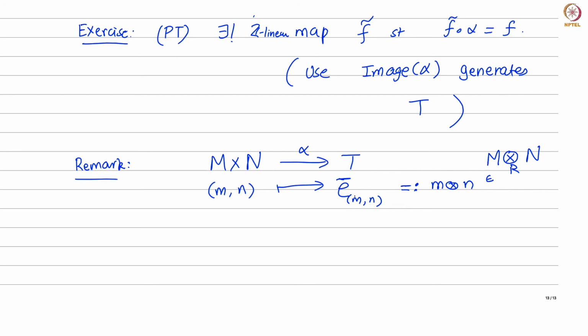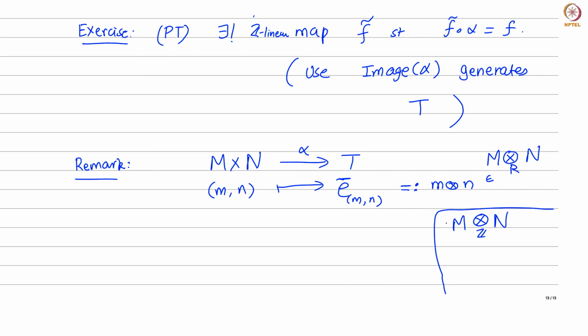Observe that there is a need to be careful here. If M and N are R modules, I can ignore the R module structure and think of them only as Z modules, just abelian groups. So I can also construct another object called M tensor N over Z. This is a different object.